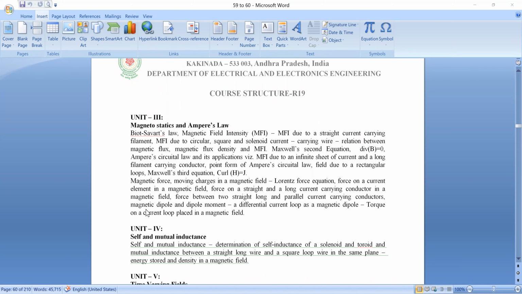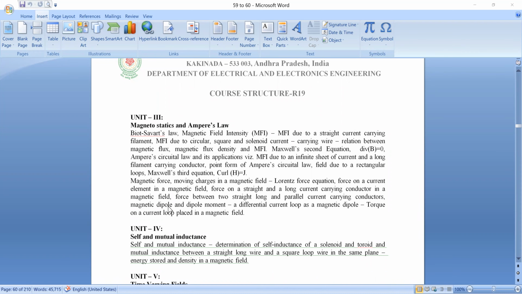And also magnetic dipole. Whatever we discussed in unit 2, that is electric dipole. The definition of electric dipole is an arrangement of two equal and opposite charges separated by a fixed distance. That means in an electric dipole, we discuss a positive charge and a negative charge. In the same way, the magnetic dipole means north and south pole.